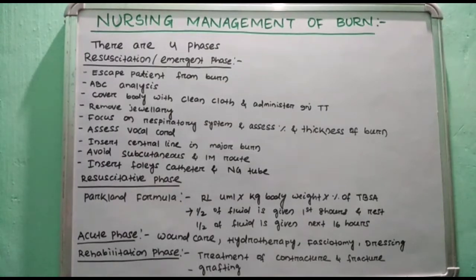The most common formula is the Parkland formula, that is RL 4 ml into kg body weight of the patient into percentage of TBSA. Here percentage of TBSA means percentage of total body surface area burned, which is calculated by using the rule of 9, which I already discussed in the previous session.